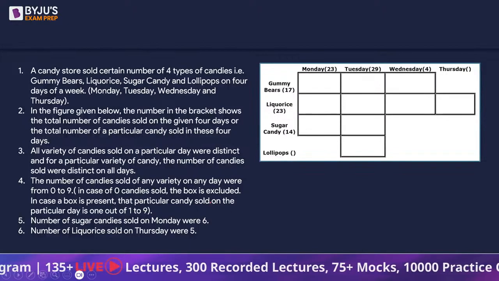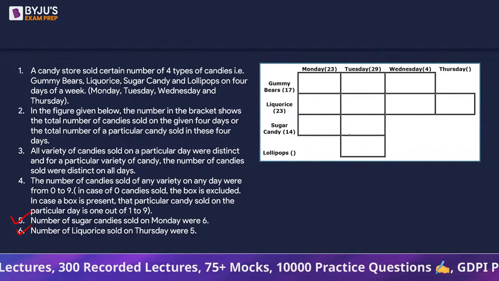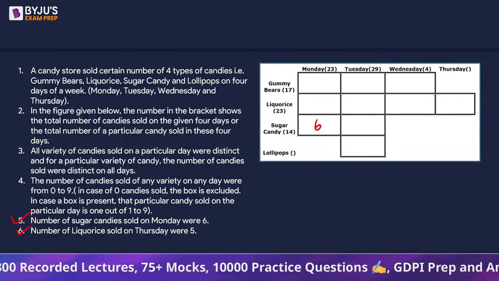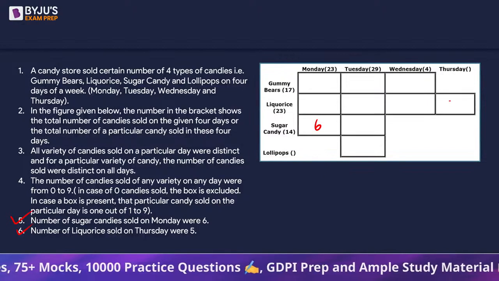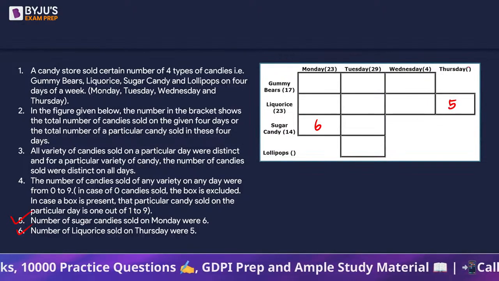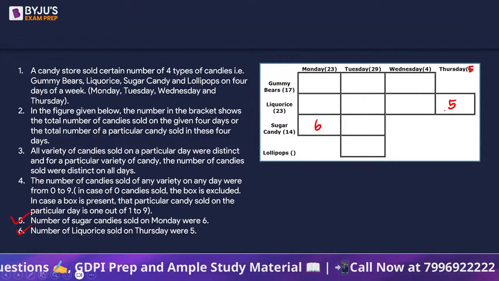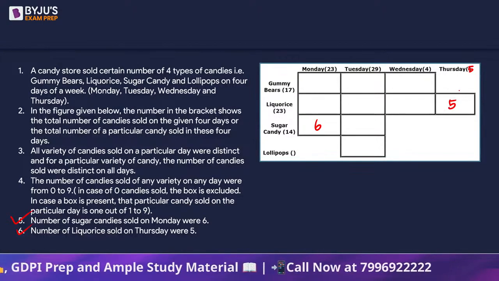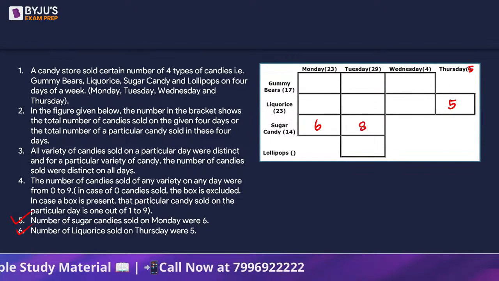So the information given in 5th and 6th, it tells us the number of sugar candies sold on Monday were 6 and number of licorice sold on Thursday were 5. So the moment we get 5 over here, we can put 5 over here. Right? Okay. Now the moment we have 6 over here, we know that this is going to be an 8.